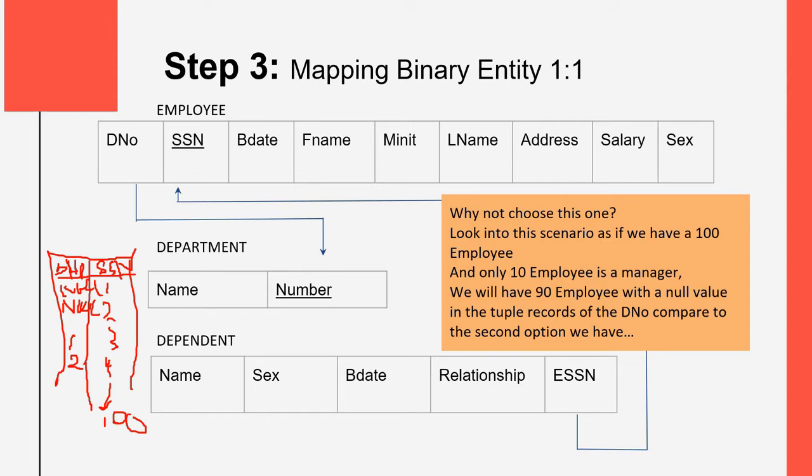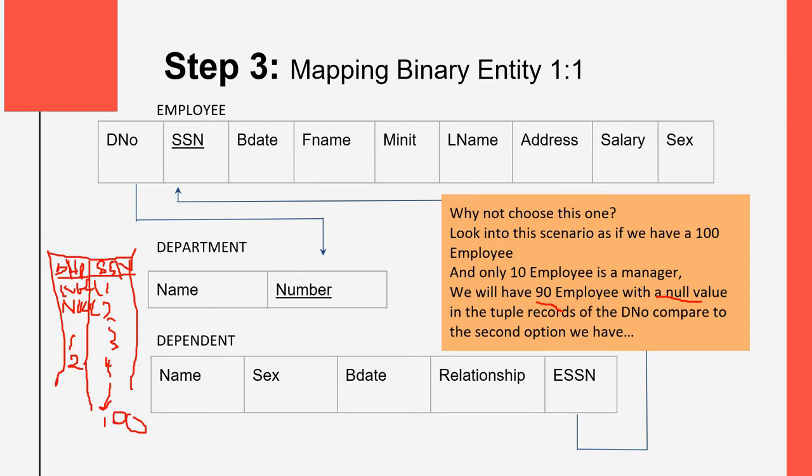So if only 10 of the 100 employees are managers, we have 90 employees with a null value. So this is the record of the department number, compared to the second option we have.